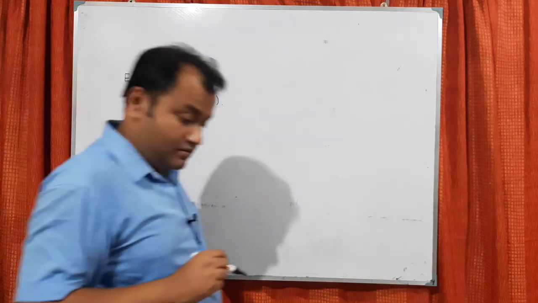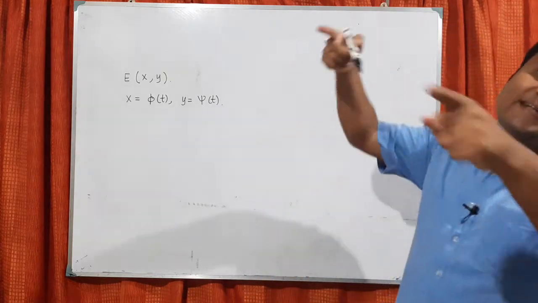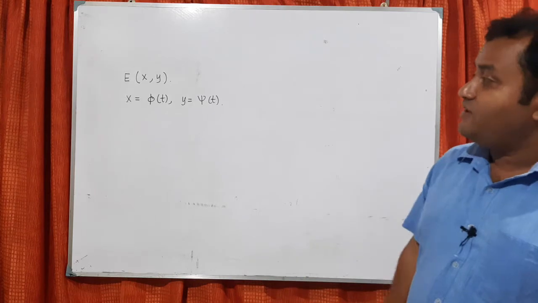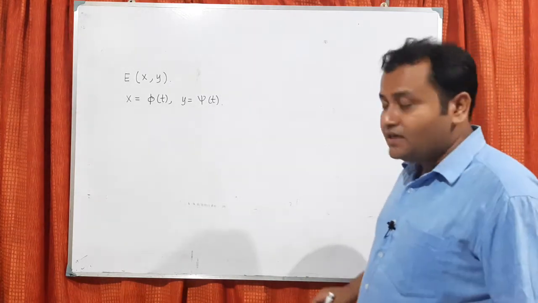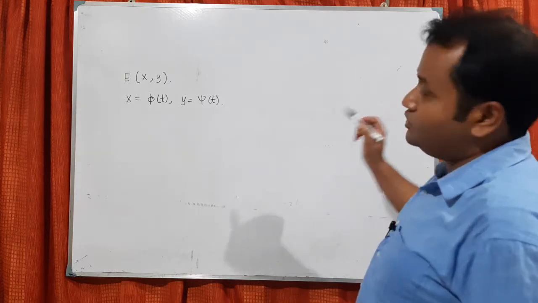So it is very confusing. E is a function of x and y, again x is a function of t, and y is a function of t. If there is some confusion, I want to clear it by drawing a diagram.